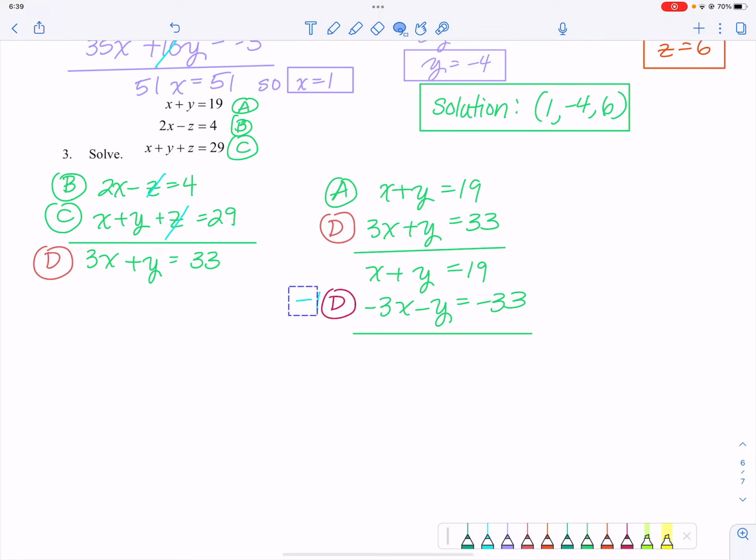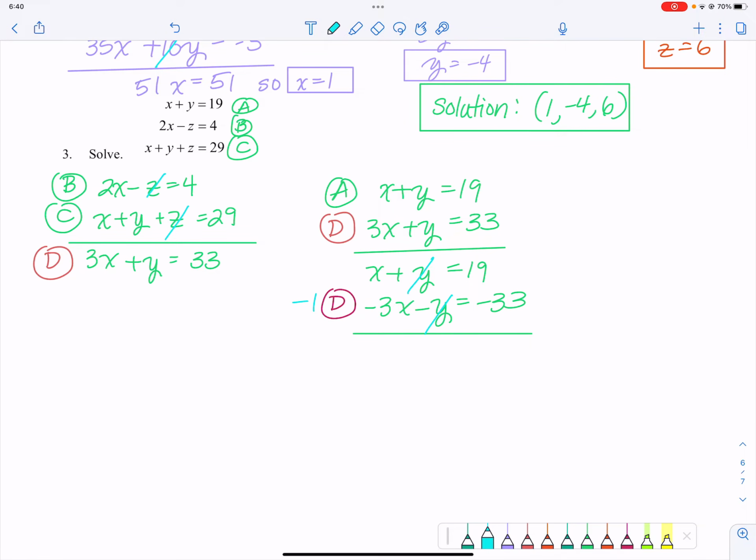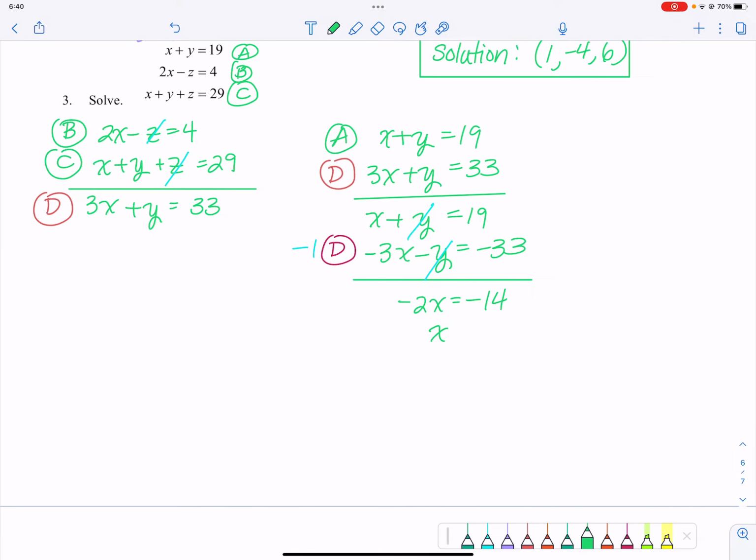And now you can see that we've eliminated Y. So we have -2x equals -14. So X is equal to 7.